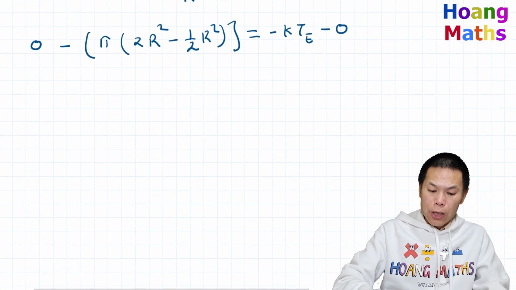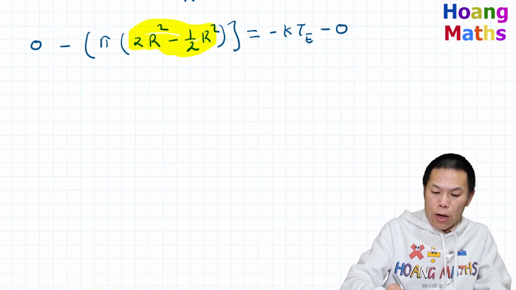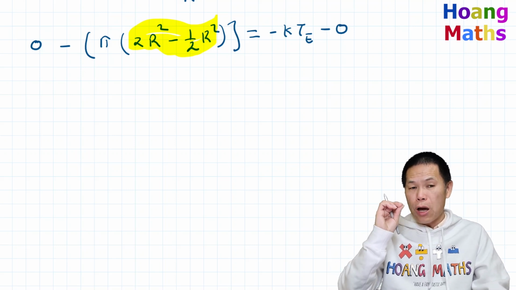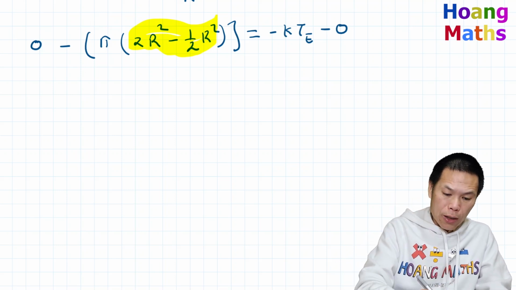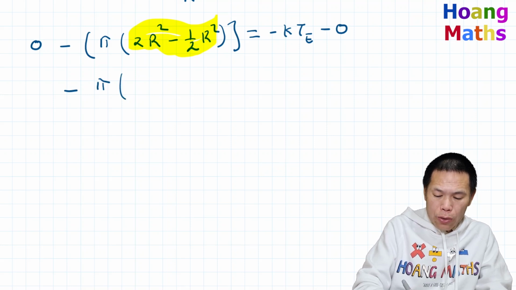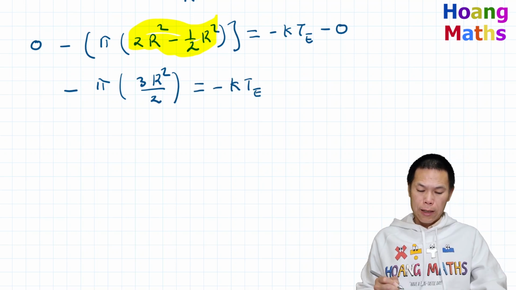There you go. Let me simplify inside here: 2 minus a half, so that means 4 minus 1 is 3, so 3 over 2 r squared. That becomes negative pi times 3r squared over 2, equal to negative k TE.